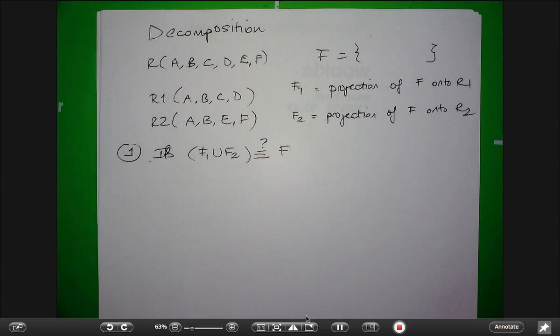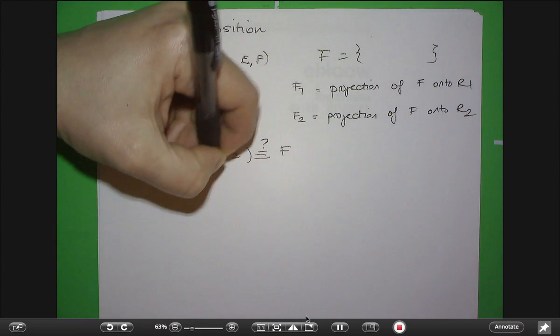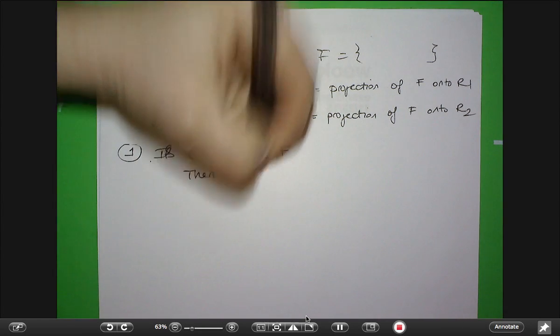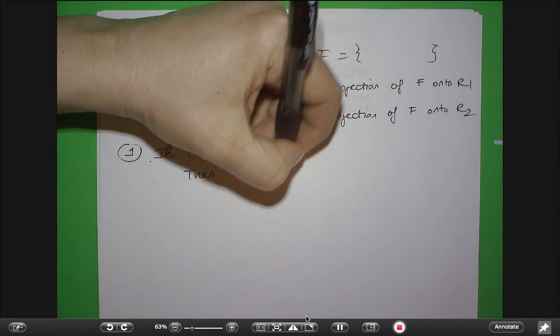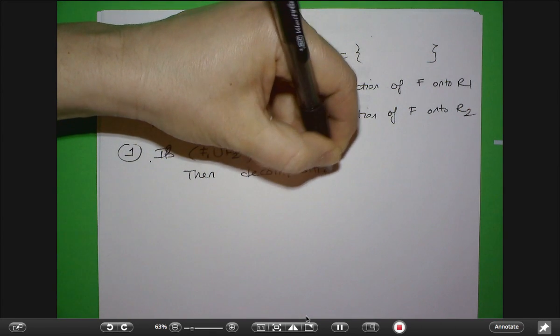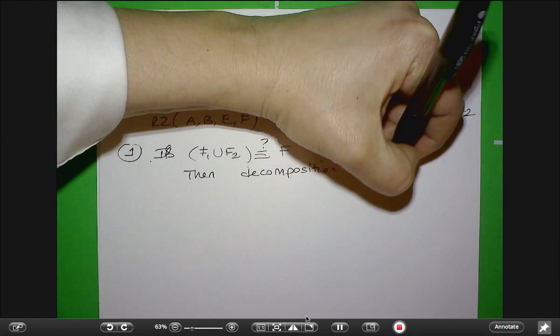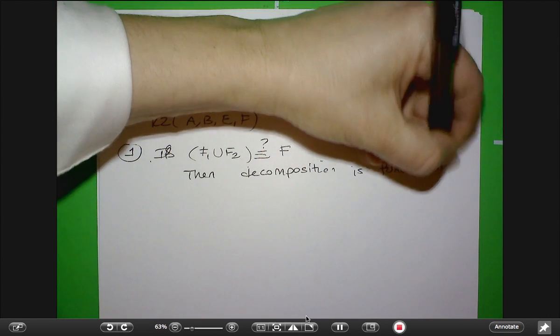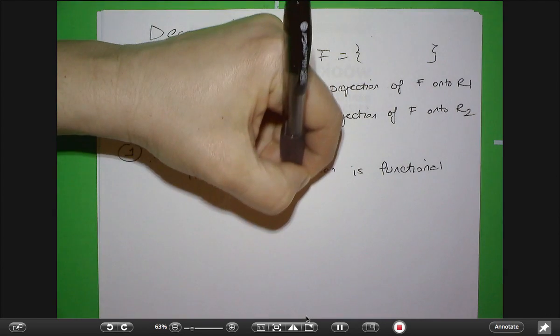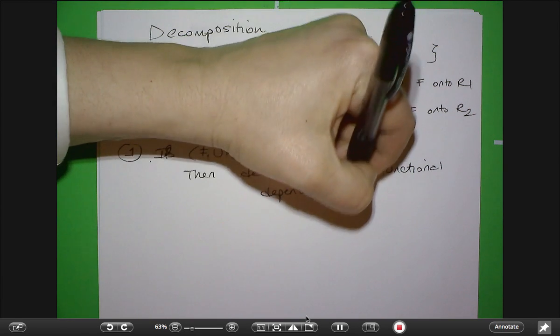So even though it may not be immediate, if through other functional dependencies that's still implied, I will not have bad data, right? So if so, then the decomposition is functional dependency preserving.